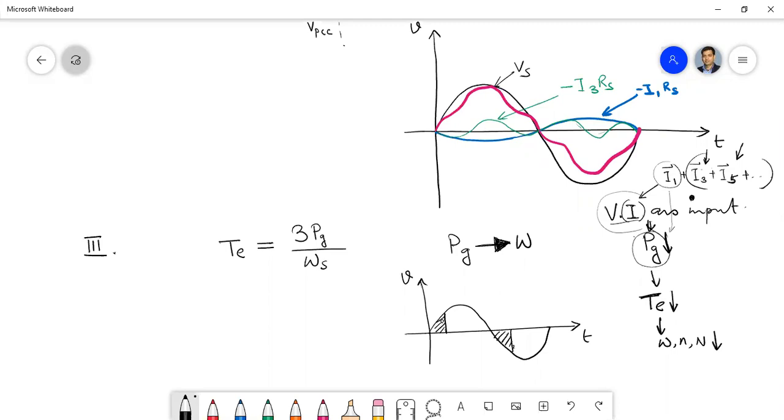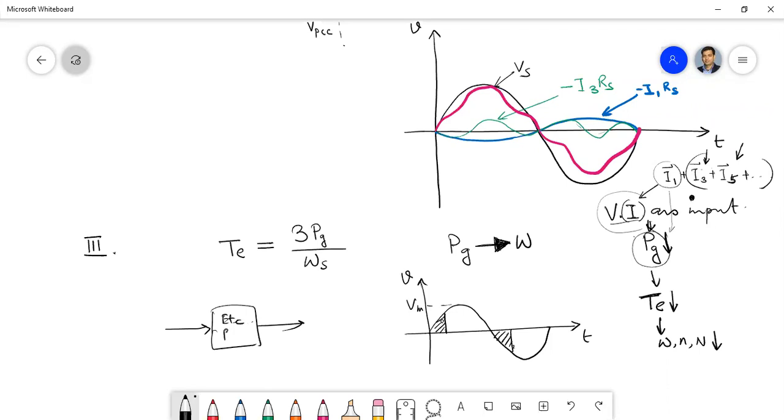Are you getting it? But by this process, it distorts the actual supply voltage waveform. Suppose this is the supply voltage waveform, which was initially perfectly sinusoidal. But after this electronic regulator, it becomes distorted.